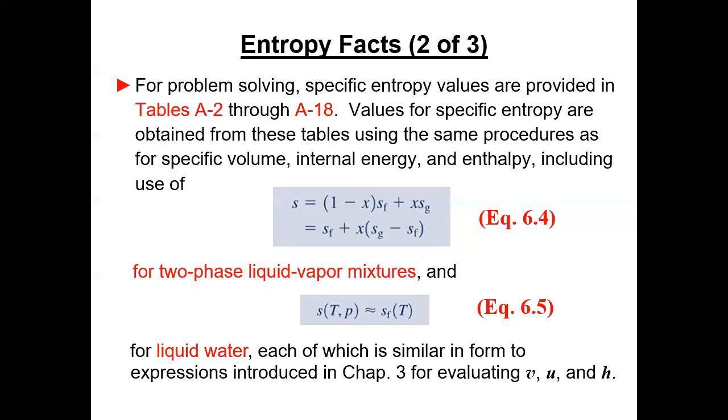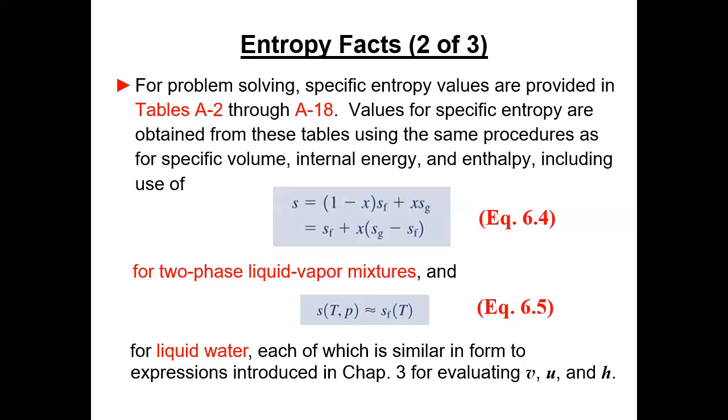Now, if that pressure is really, really high, then you can go to the compressed liquid tables. But I think something like 500 psi is the smallest pressure in those tables. And your saturation pressure might be 25 and you're at 27. I mean, come on, you're really, really close to saturation.